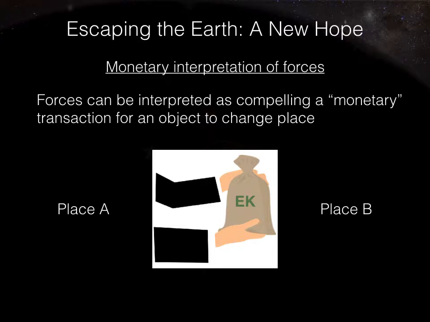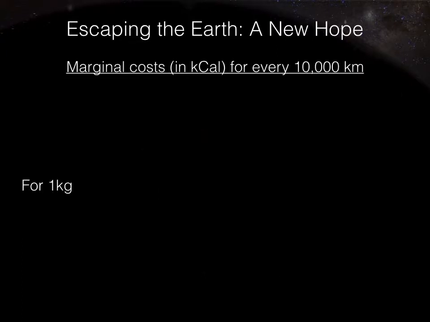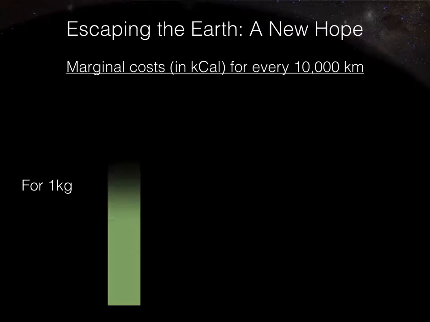So what I want to do now is to look at the actual price or cost that one has to pay, in particular for an object that weighs 1 kilogram, paying in kilocalories for every 10,000 kilometers that it moves away from the Earth. I want to display this cost and see whether the total bill is high or not.